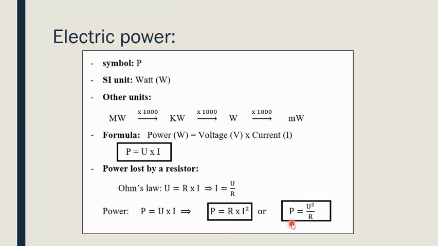Or you can replace I with U over R, and you get the formula P equal U square over R. If you want not to memorize so much, you can memorize the formula P equal U times I, and when you calculate, if you have in the exercise R, you can replace U by R times I, or you can memorize also these formulas for you to be easier.